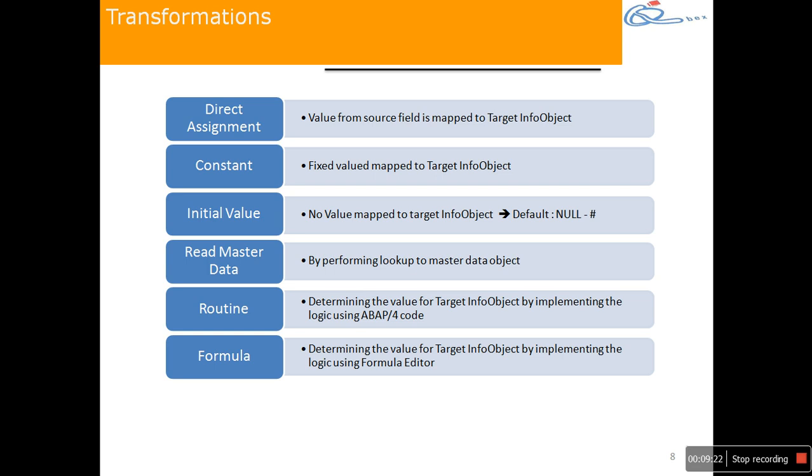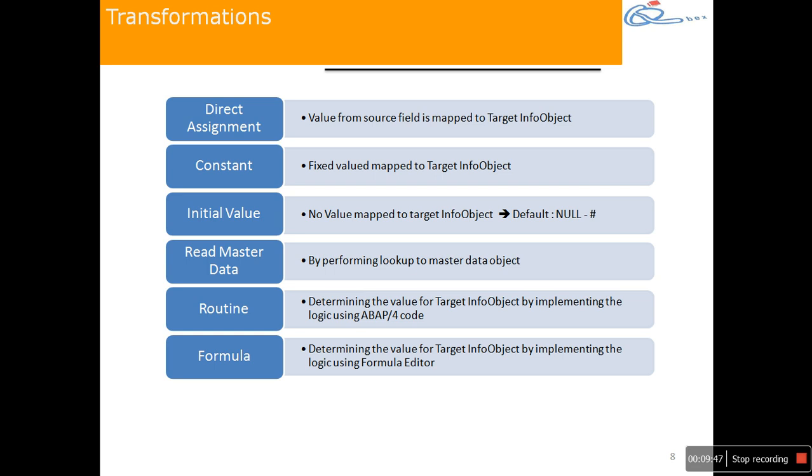Fine, boss. Next one is constant. So when I say constant, say I have a requirement like this. In this target I have an InfoObject called indicator. But I don't have any field in the source populating this. What I want is that for every record I load, it has to take a fixed value, A. That's all.